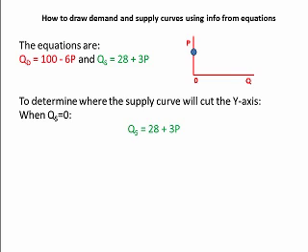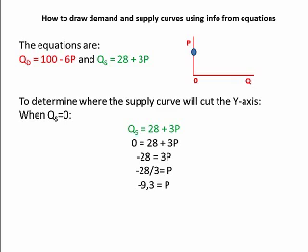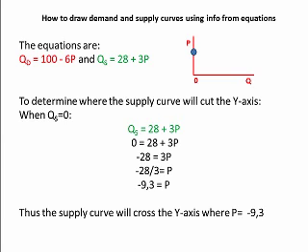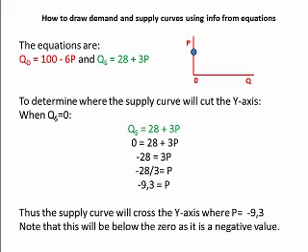Now we're going to replace the QS with 0. Therefore, 0 is equal to 28 plus 3P. Minus 28 is equal to 3P. Therefore, P is equal to minus 28 divided by 3, which gives you minus 9.3. Thus, the supply curve will cross the y-axis where P is equal to minus 9.3.